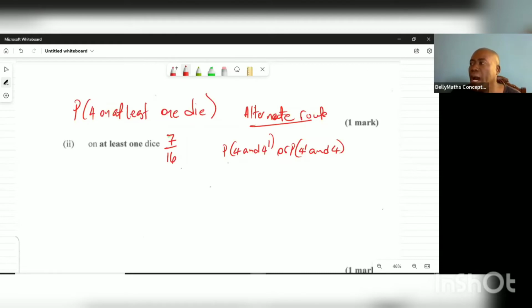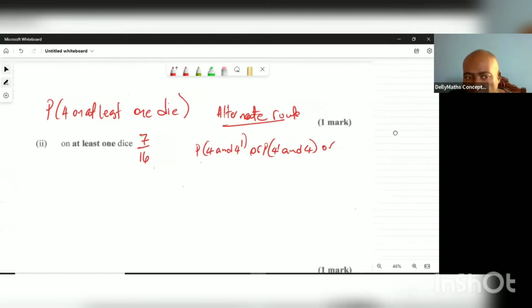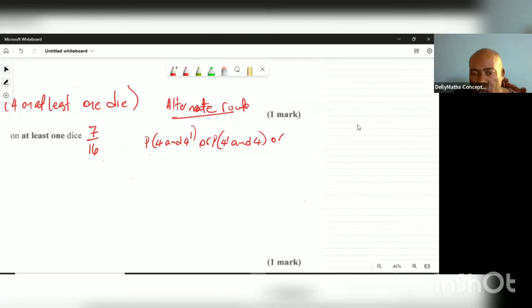And then outside of that, we will also get a case where we will end up getting, hold on, let me push this across so I can get a little bit of writing space. Or we're talking about the probability of getting a 4 on die 1 and getting a 4 on die 2.